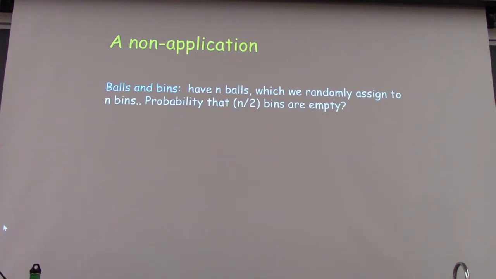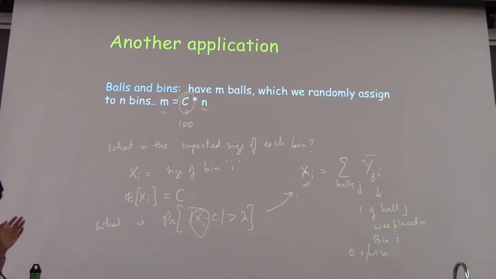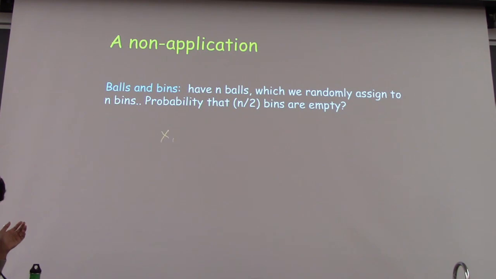So one thing which is a non-application is: what's the likelihood that n by 2 bins are empty? So you could say, I have some random variable xi which is 1 if bin i is empty and 0 otherwise. And now I'm just asking what's the probability that the sum over i of xi is more than n by 2.